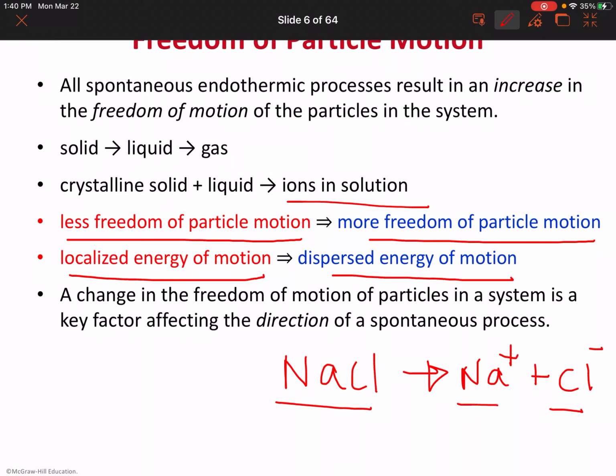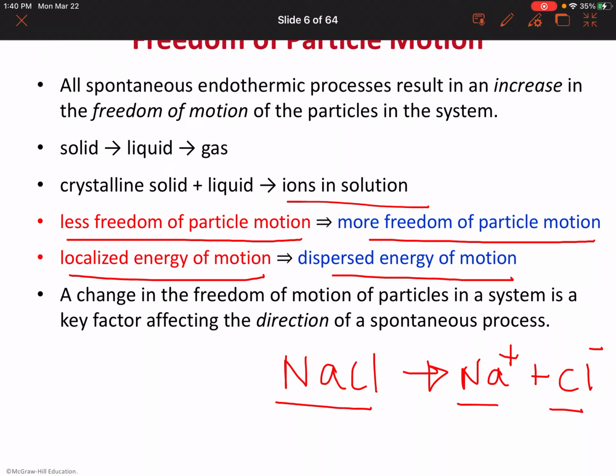A change in the freedom of motion of particles in a system is a key factor affecting the direction of a spontaneous process. Okay, so if you can see a bigger molecule become less, like for example sodium chloride, a complex molecule becomes sodium ions and the chloride ions to become two particles, so it increases the freedom of motion.